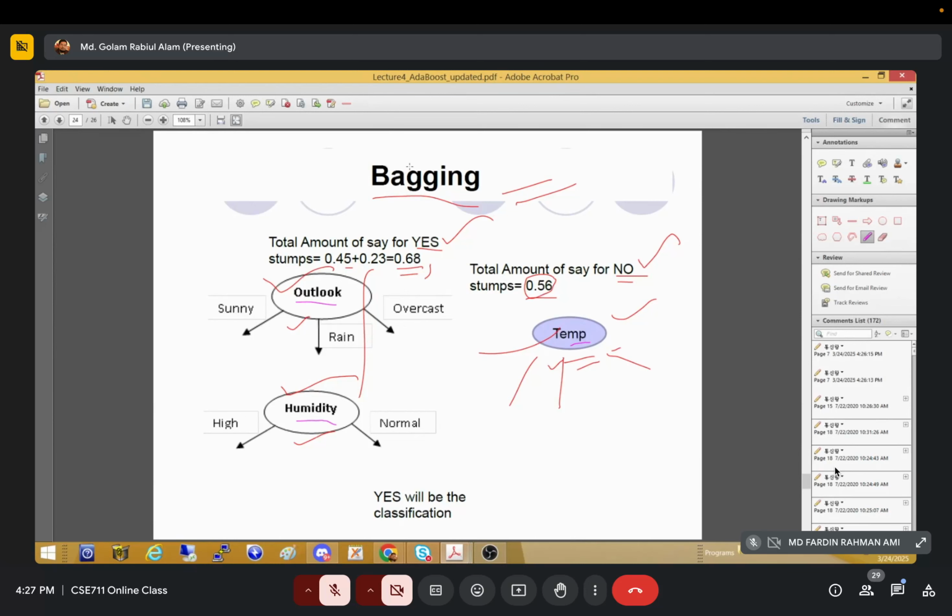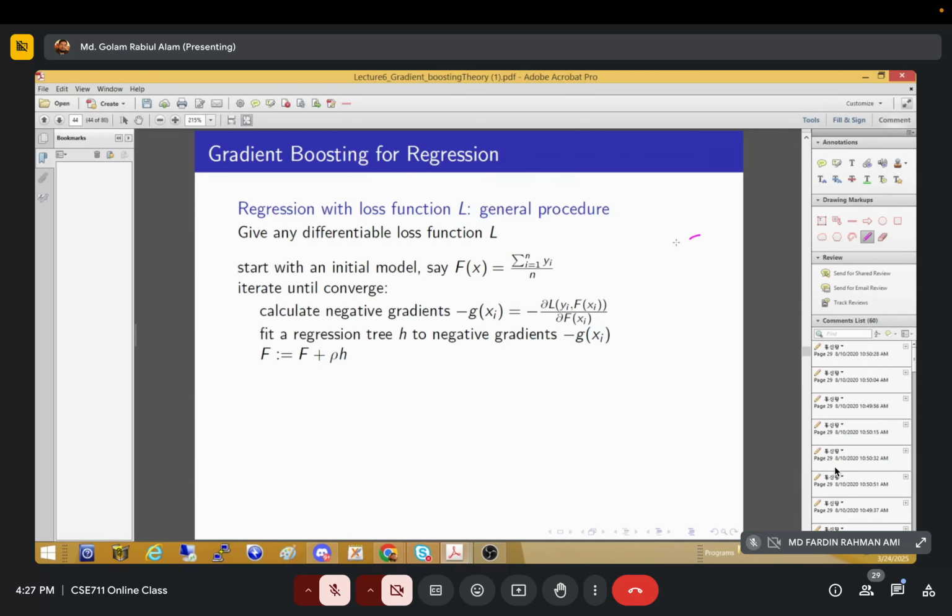The AdaBoost classifier is improved in some ways. Okay, the improved version of AdaBoost is called gradient boosting. In today's lecture we will discuss gradient boosting, specifically the gradient boosting regressor and gradient boosting classifier.